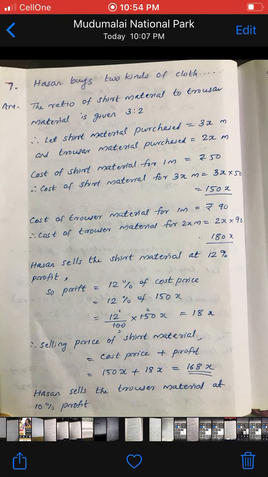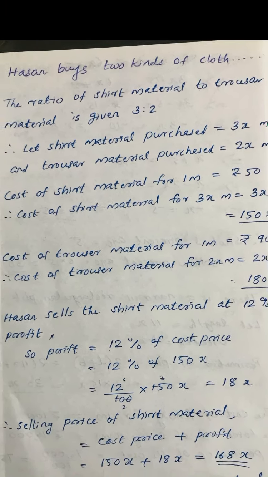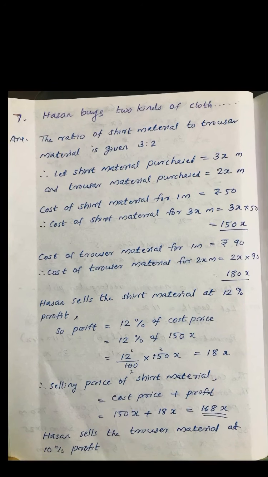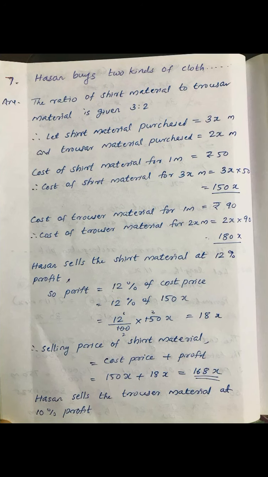First, the ratio of shirt material to trouser material is given as 3:2. We can assume the shirt material he purchased, because the ratio is 3:2, in the case of shirt material it will be 3 and trouser material it will be 2.